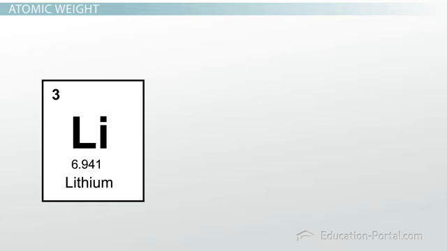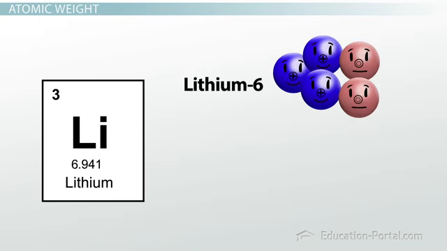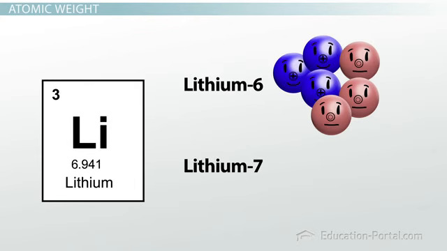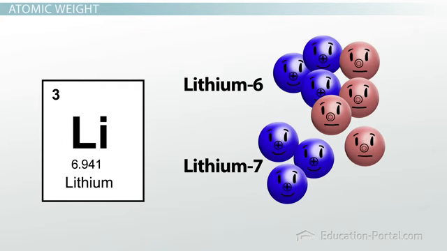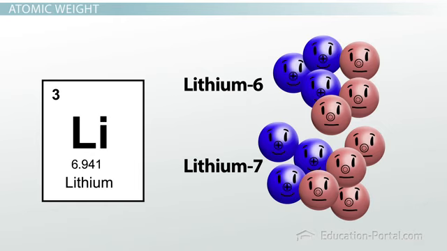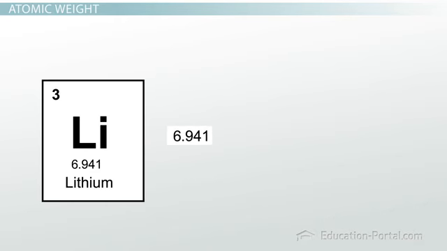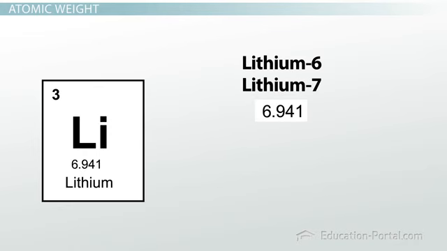Another example is lithium. There are two major isotopes of lithium, lithium-6, which has 3 protons and 3 neutrons, and lithium-7, which has 3 protons and 4 neutrons. According to the periodic table, the atomic weight is 6.941 AMU. Based on this, which isotope do you think is most common, lithium-6 or lithium-7?